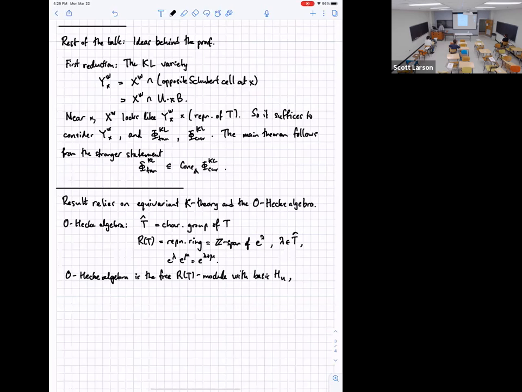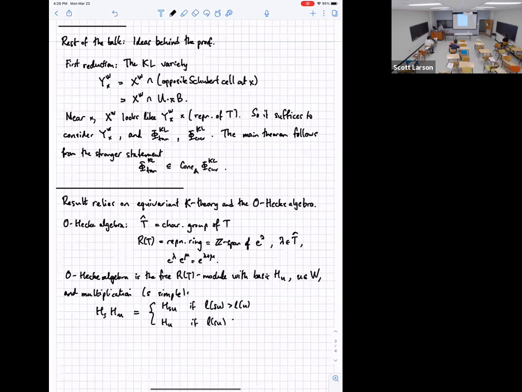H of U for U in W, and multiplication: if I take S as a simple reflection, a generator HS, and I multiply it by HU, I get either HS of U if the length of S of U is bigger than the length of U, or I get HU if the length of SU is smaller.